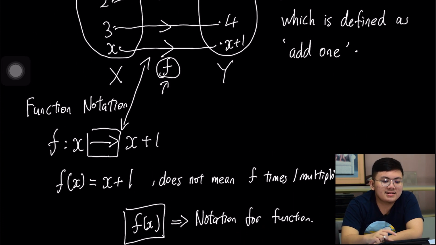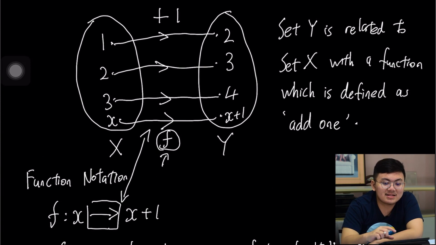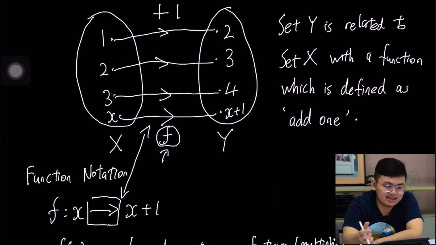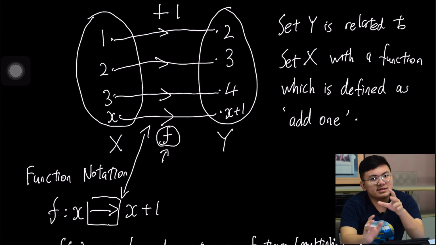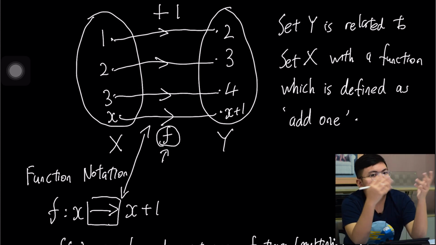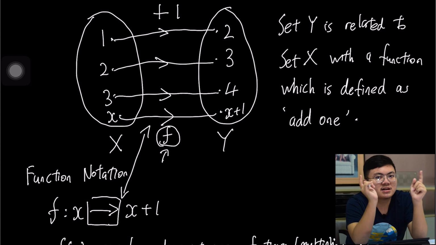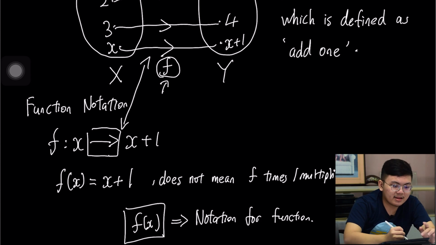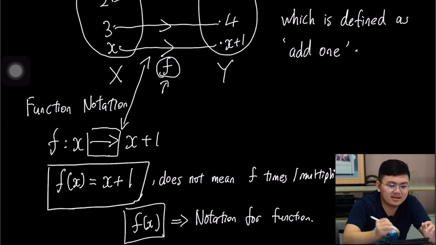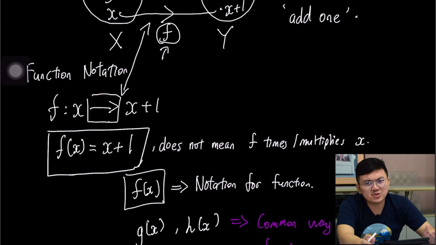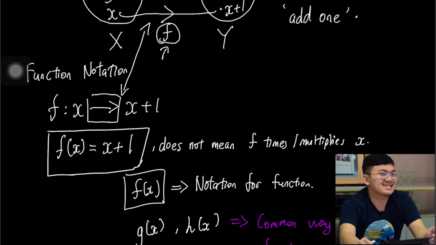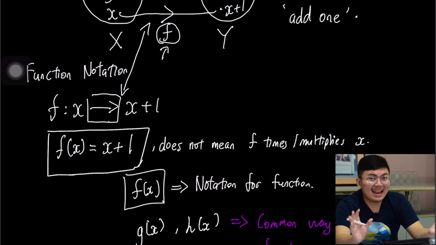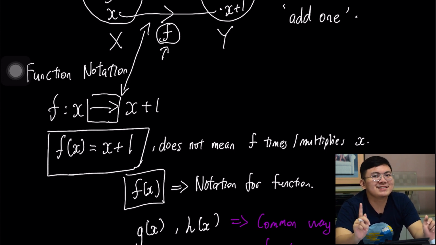Just to confirm that you understand what I have said, let's recall: the function is actually the process, right? Mathematically, you can see f(x) is equal to x plus 1. What is x? x represents any number you can put inside, but chances are x should be a real number.